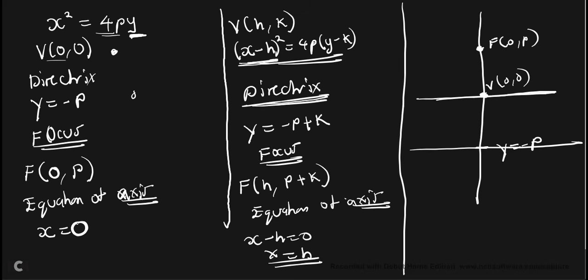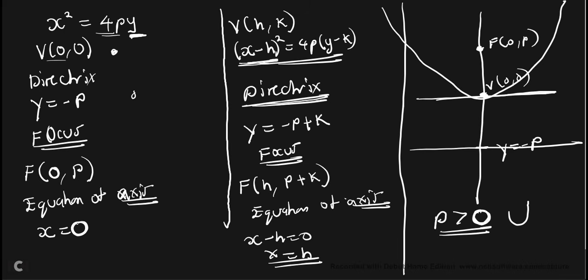Then what will be your parabola in this part? Your parabola will go like this. Make sure that your focus is inside the parabola. When p is greater than 0 for this, the parabola will point up. But when p is less than 0, the parabola will point down.